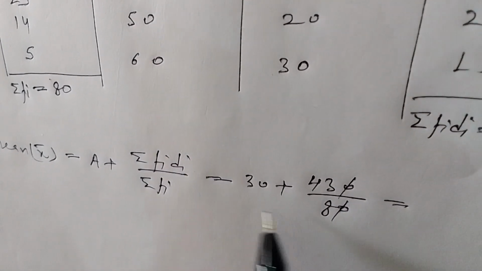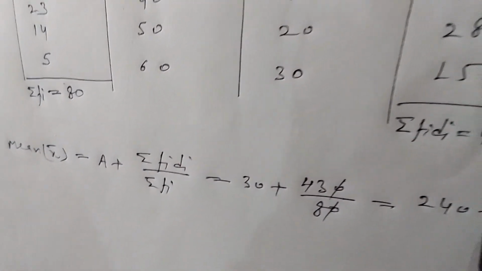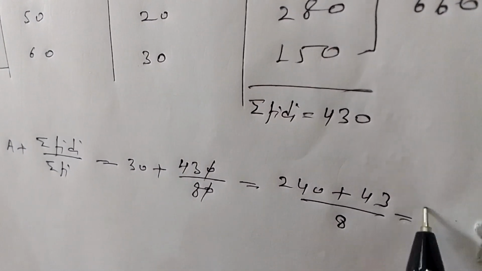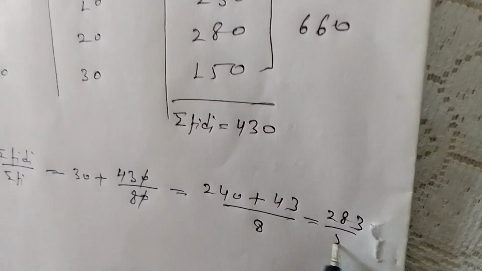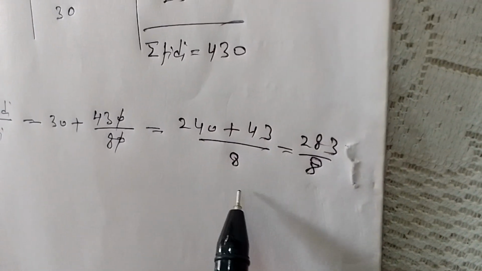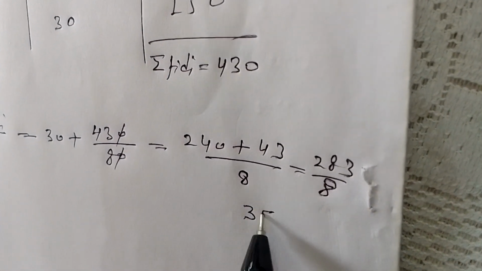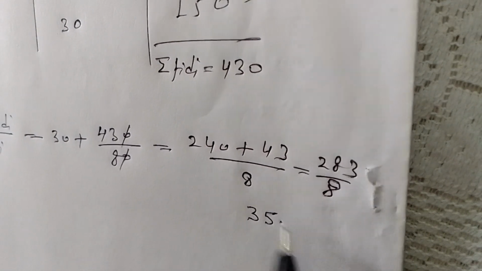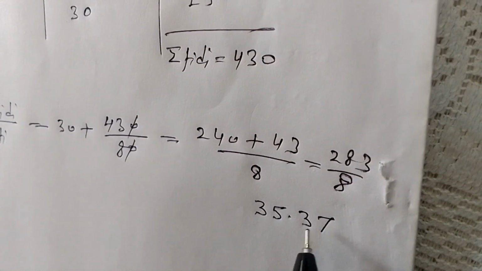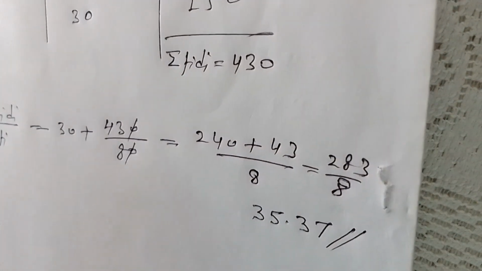Now we have 30 plus 43 divided by 8, which is 240 plus 43 divided by 8. We get 283 divided by 8, which comes out to be 35.37. This is the mean.